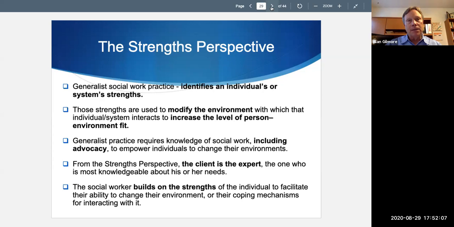And then continue to have conversations with the client to help them identify, tell me about what you did that you felt contributed to you being able to move out of those feelings of hopelessness and dread and depression, and help them identify that that was something that they identified. They figured that part out.